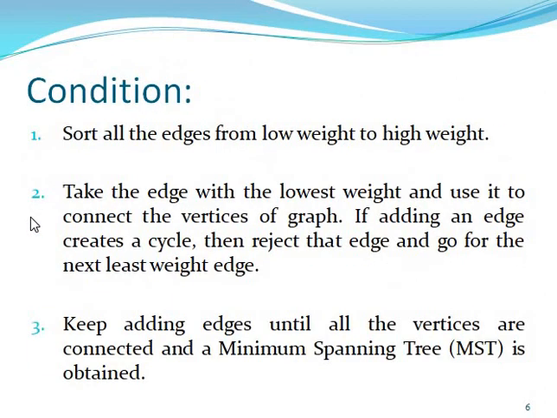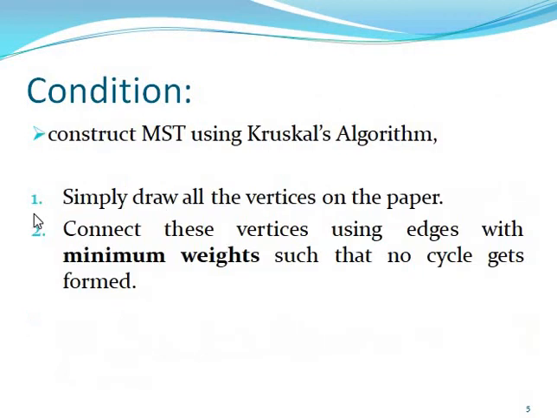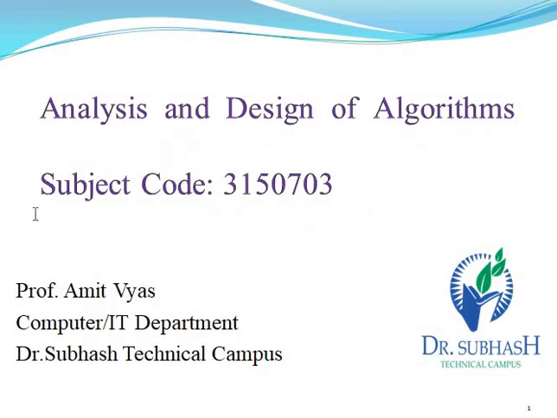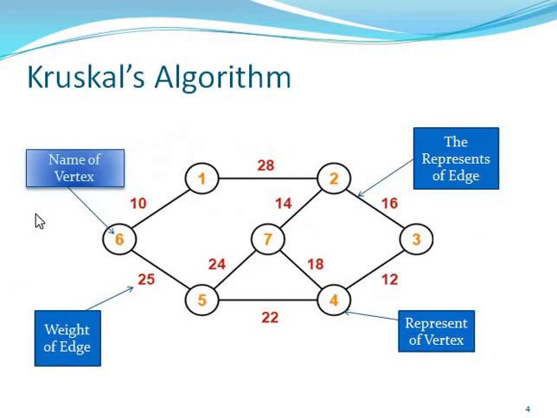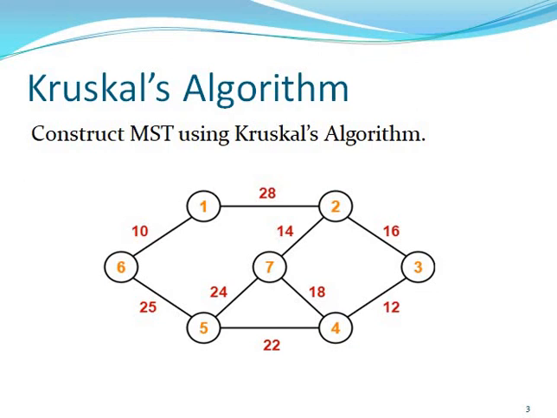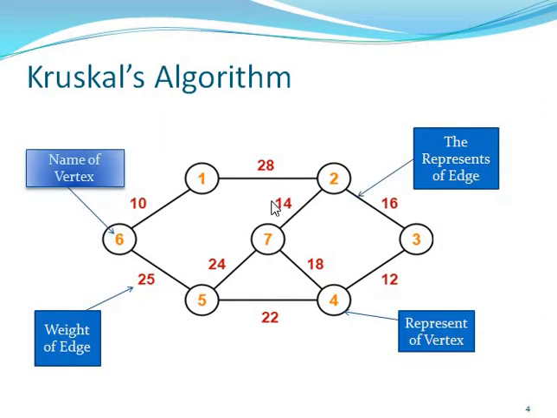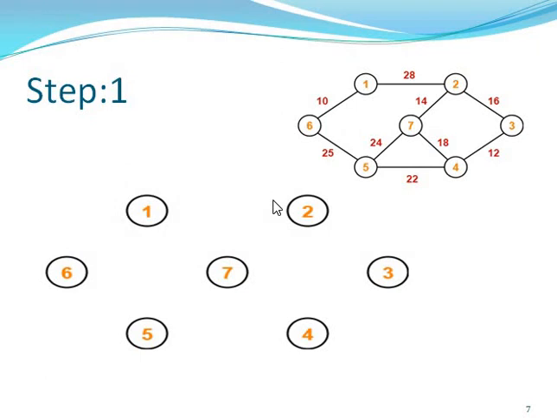For the exam, you may be given only this chart, and you solve for the final weight of Kruskal's algorithm. If you miss any step, you can create a problem, and the example is not solved.